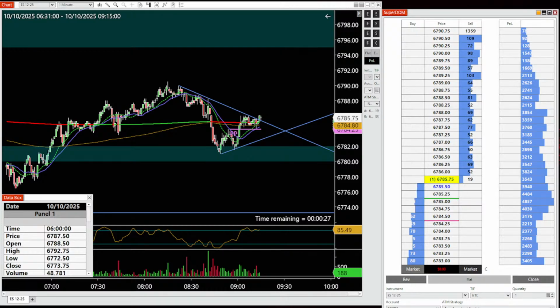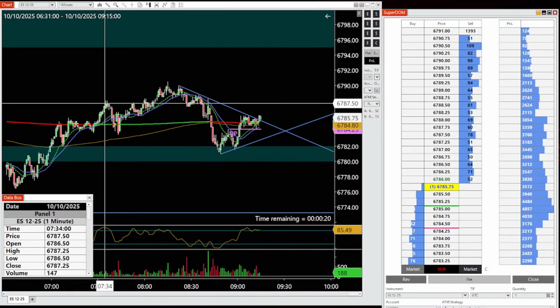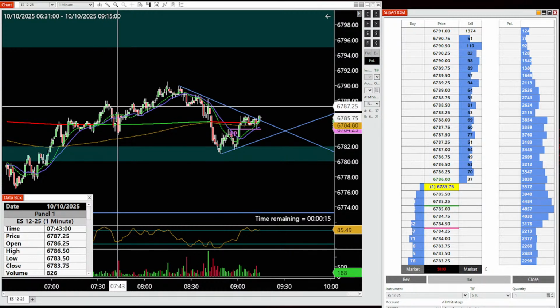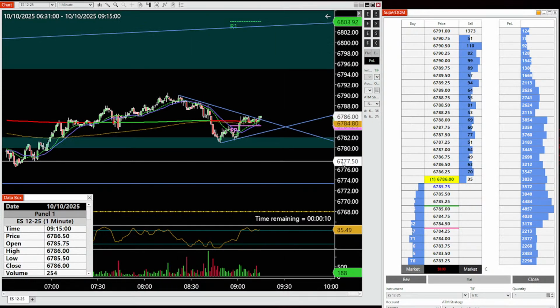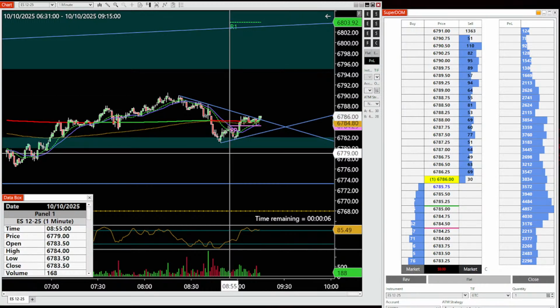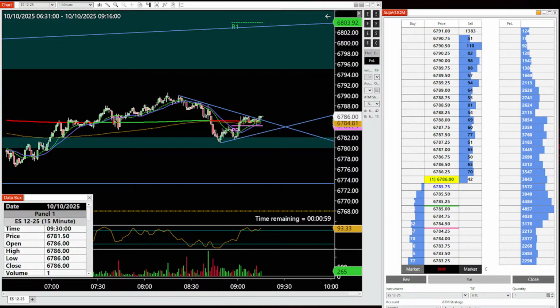The 4-hour open is at 88. So we got this, then we got here, then we got here. Just a lot of choppiness in this area. And it made the move for the next 15-minute bar to open up.